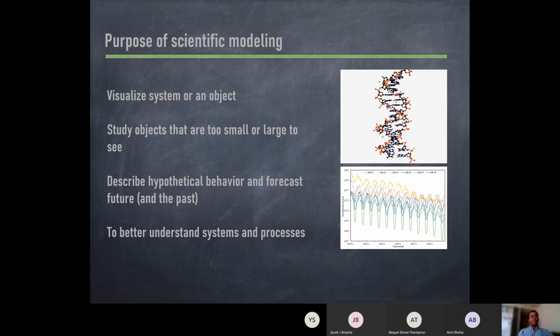So to better understand the system and the processes, we use these models. Then I also have an illustration or a figure on the bottom. This is from a groundwater level diagram. In this diagram, I have shown data from 2019 to 2030, so that's 10 years of groundwater level data. This is showing the depth of the groundwater level, or groundwater table, from the land surface.